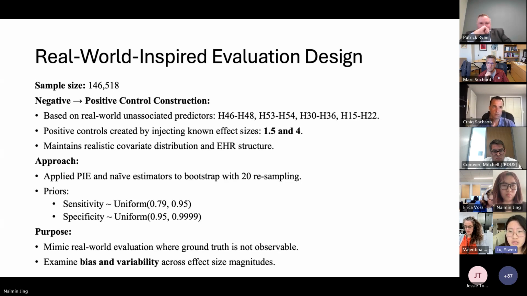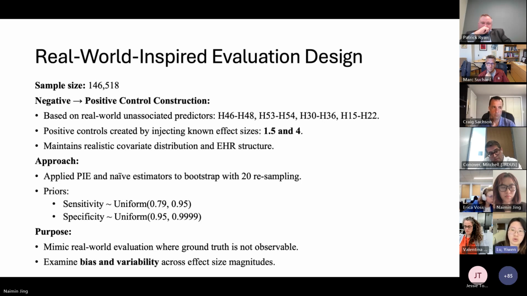Here we constructed the synthesized positive control as predictors using negative controls, including the disorder of optic nerve and visual pathways, the visual disturbance, the disorder of choroid and retina, and the disorder of sclera and cornea. The constructed synthetic positive control preserves the characteristics of real-world data while having no effect size, to allow us to evaluate the result of pi.